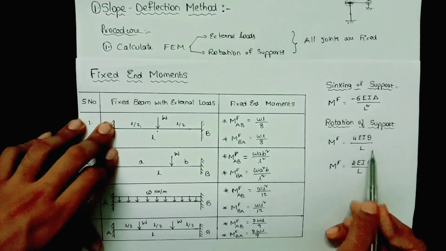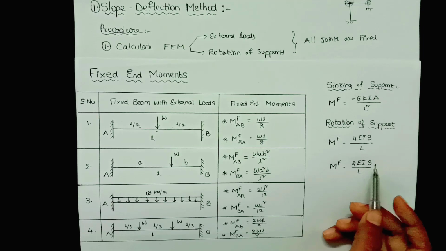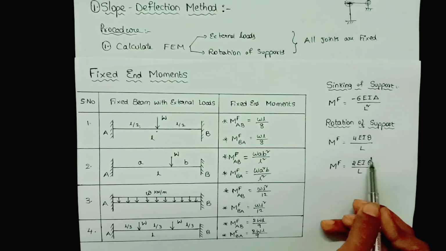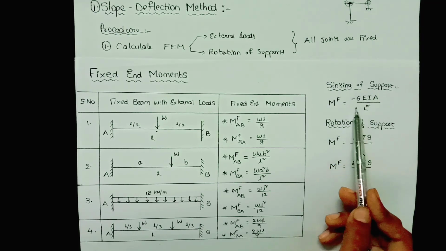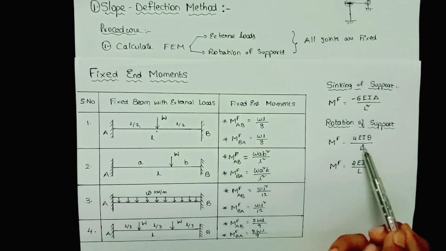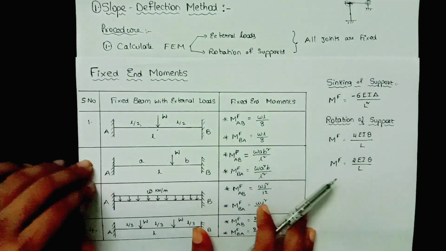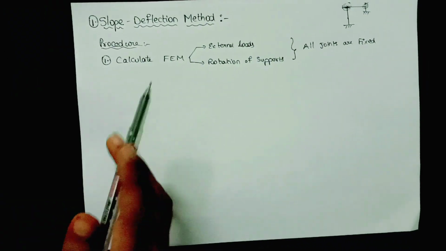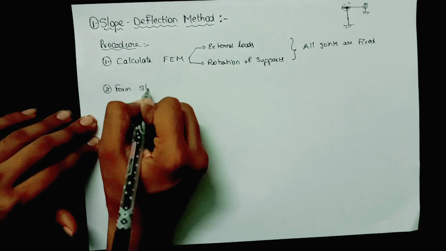Theta is the slope at the respective joint. At whichever joint we are having the rotation, at that joint we have to substitute the theta value. So if there is sinking of support, use this formula. If there is rotation of support, use this formula. By using these formulas, we have completed the first step. Now the second step is to form the slope deflection equations.